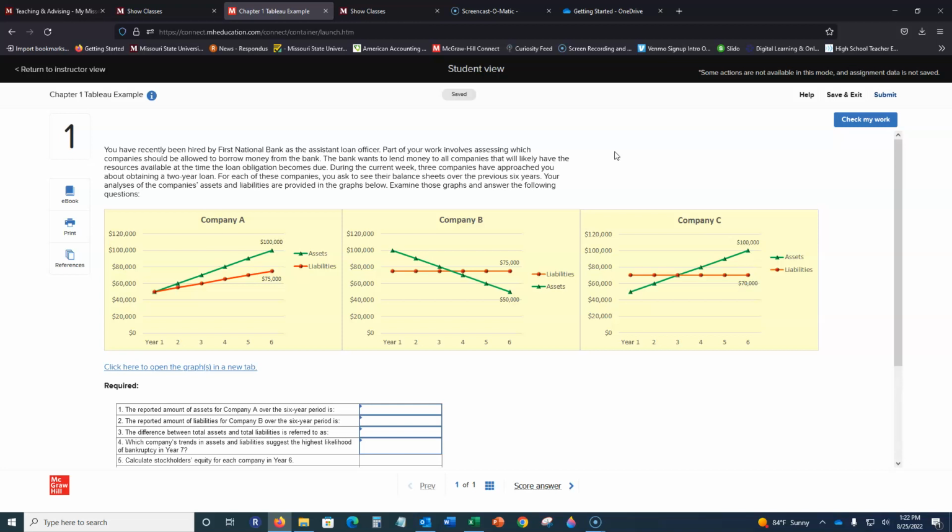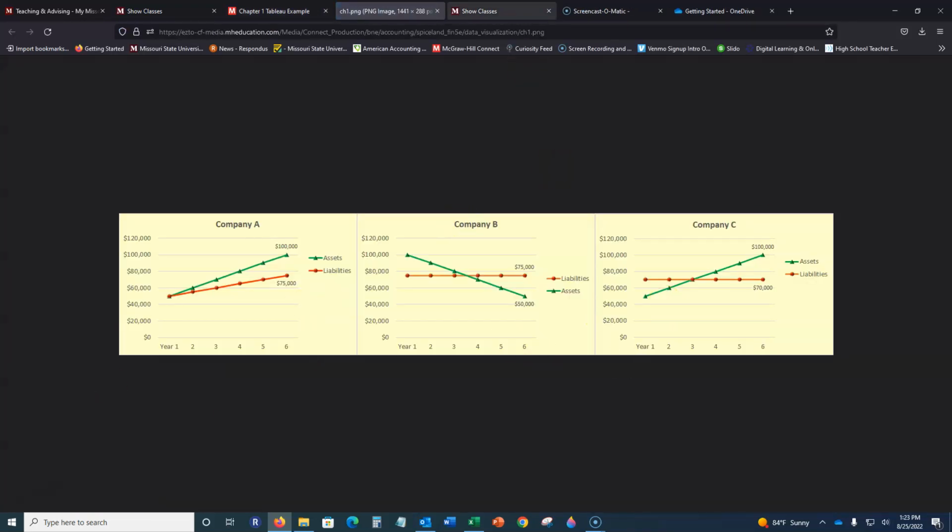So during the current week, 3 companies have approached you about obtaining a 2-year loan. For each of these companies, you ask to see their balance sheets, so assets, liabilities, and equity over the previous 6 years. Your analysis of the company's assets and liabilities are provided in the graphs below. Examine those graphs and answer the following questions. So we're going to use the graphs provided here, and they give you a link if you want to see them in a different way.